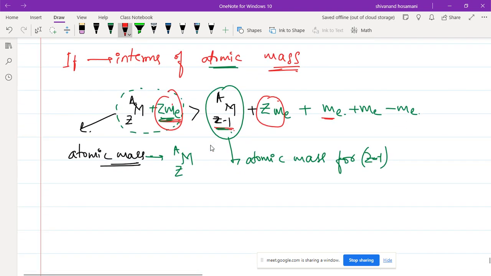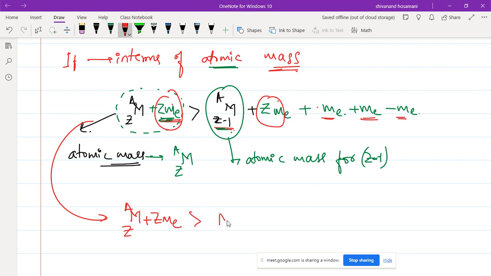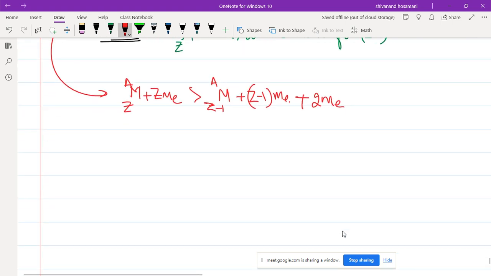Therefore, if I add and subtract this mass of electron here, then I am going to write this 2 times. The same expression can be written as the mass of the nucleus with Z and A plus z times the mass of the electron should be greater than the mass of the atom having atomic number z minus 1, mass number A, and thus z minus 1 times the electrons. Okay, then plus here 2 times me, here 2 times the mass of the electron.